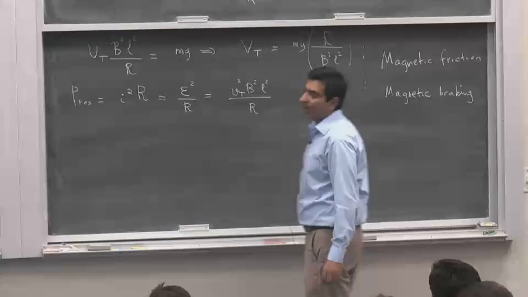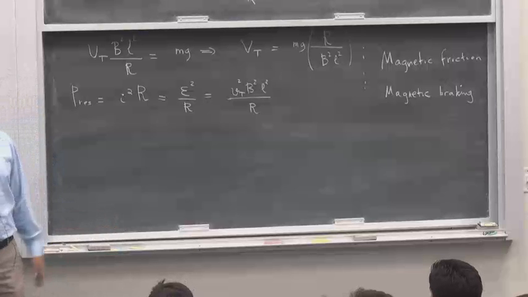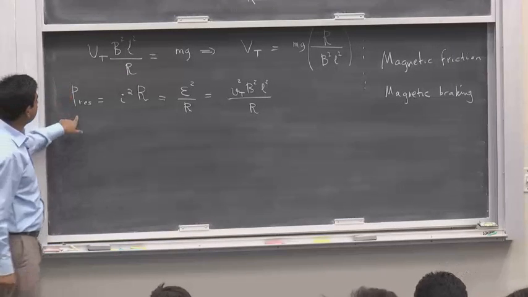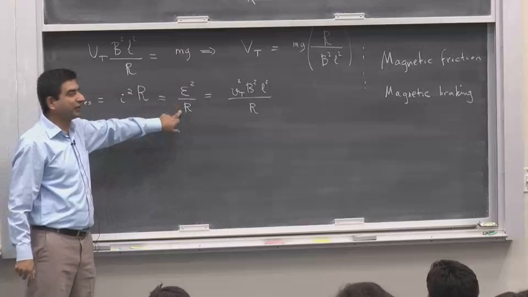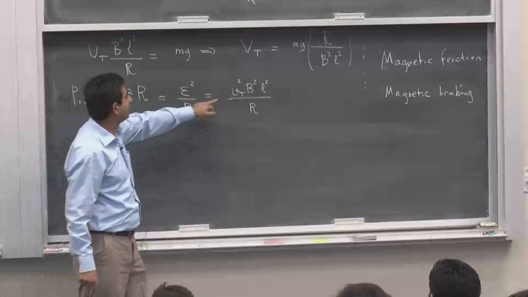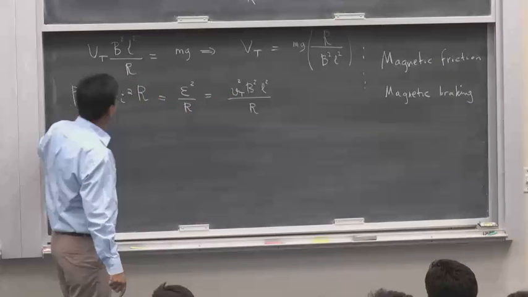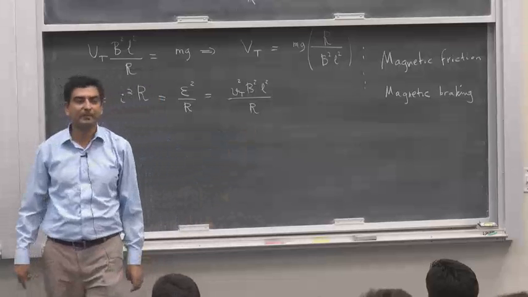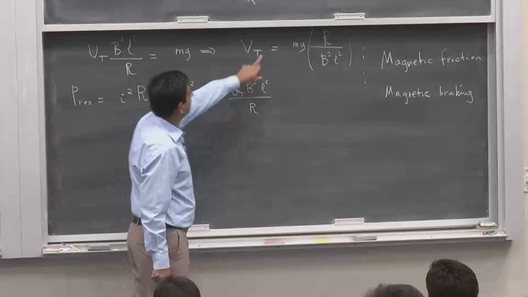Now what I would like to argue is that this power delivered to the resistor, where is that power coming from? Is it coming from the magnetic field or not? Now the power delivered to the resistor is I squared R, which is also equal to EMF squared over R. Now the EMF, when equilibrium has been established, is V B L. Now I am taking the terminal speed. So in equilibrium, this is the power delivered to the resistor: Vt squared B squared L squared over R. But what is Vt?